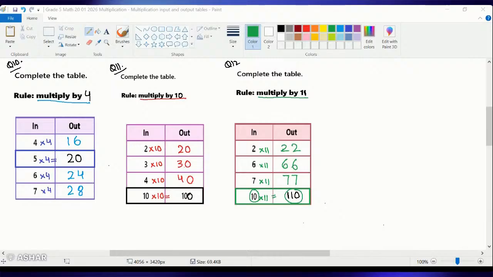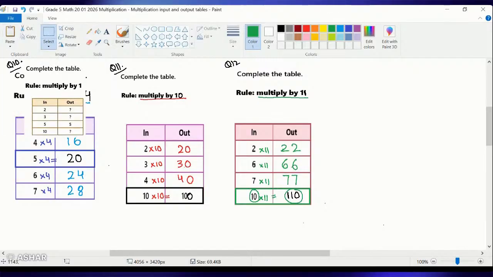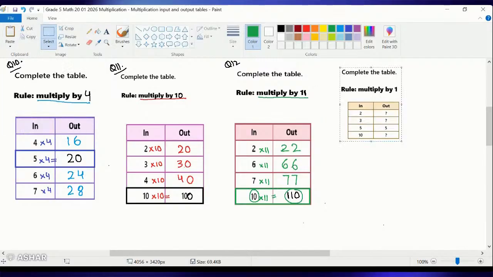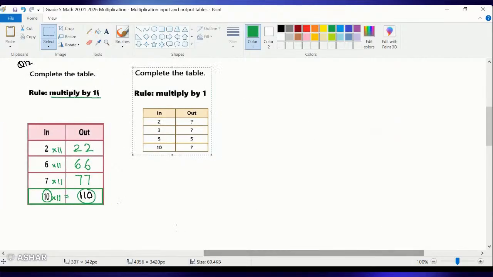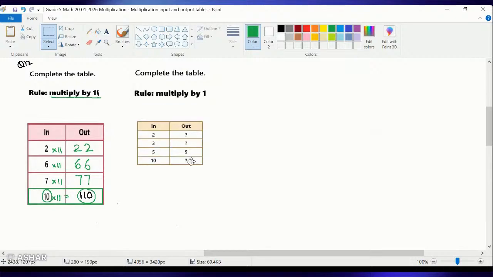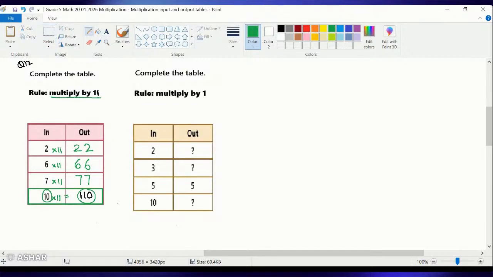Okay, let's say for the next question, for this particular question, let's change the rule. Let's say it was given as multiply by 1. We change it to multiply by 5.